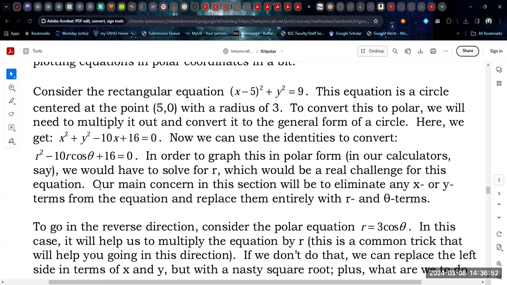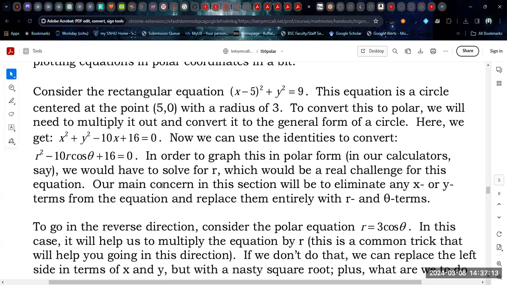But for this purpose right now, this was not the best polar graph. We're just going to leave it in this form. You do want to make sure that when you're converting from rectangular to polar, your final polar equation has only r and theta terms and has no x or y terms.